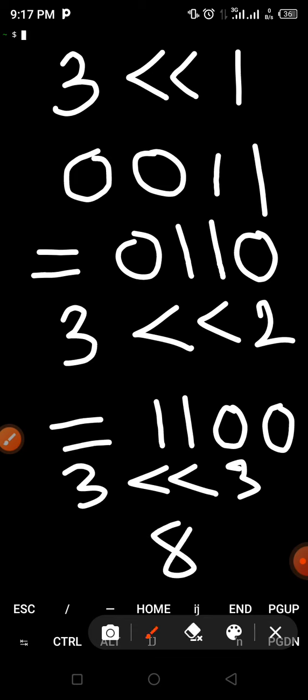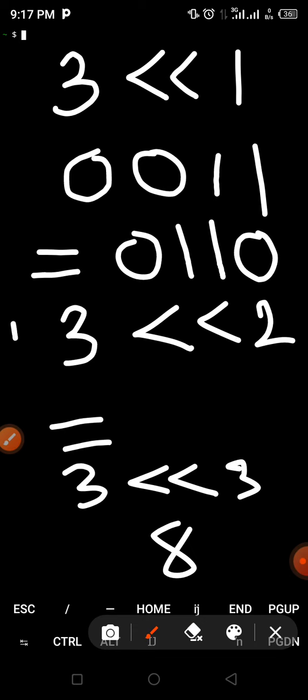Then for this particular one, which is what we have here, the outcome, I think we have 1 1 0 0. That's going to be 12 there. Then for this that we shifted once, get rid of this.